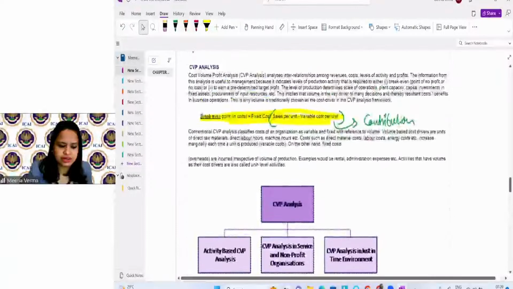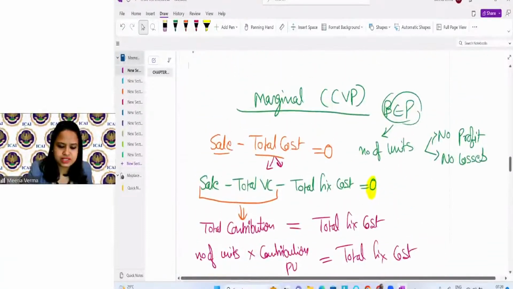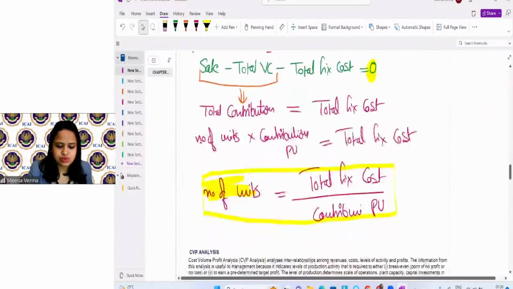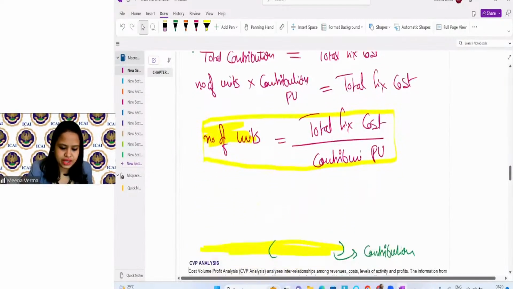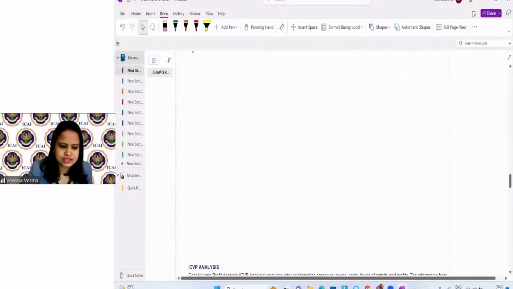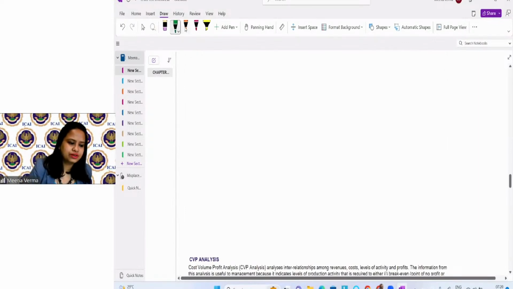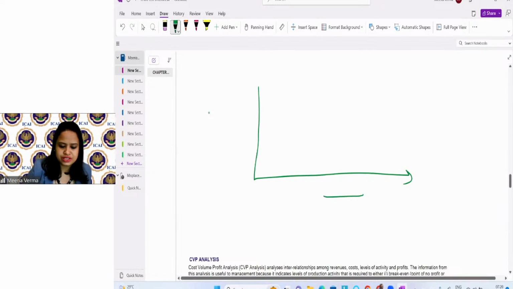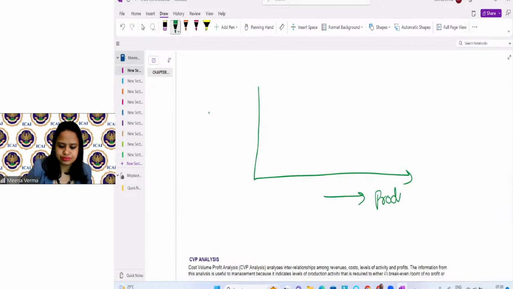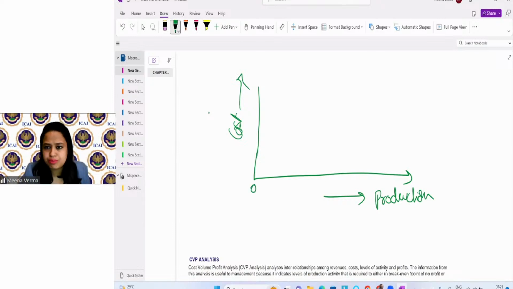Okay, let me give you one more example here, then I'll start with the question. So this is your break-even point here, and you will see the pattern of cost. When you are increasing the production and you have the cost, irrespective of whatever you are producing, even if you are producing nothing, the company will have to incur fixed cost.